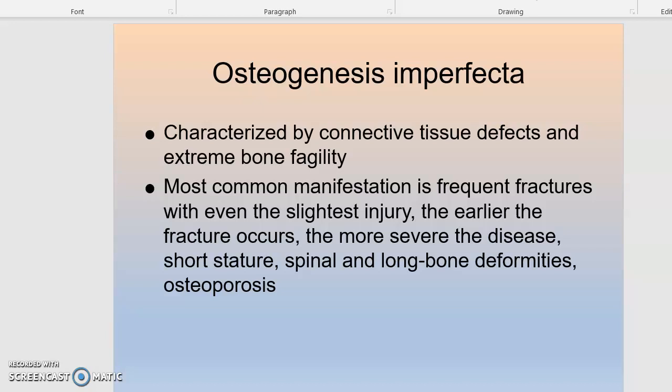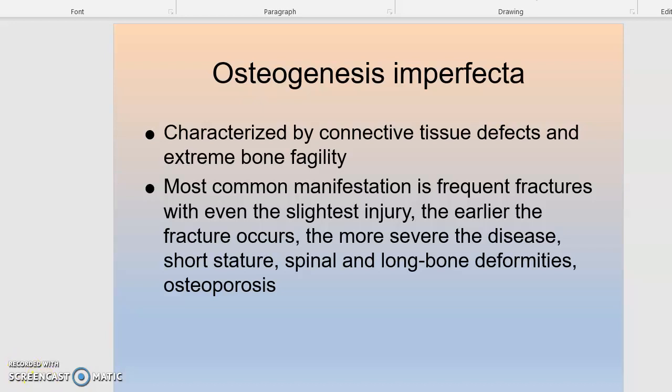Infants with type 2 usually die during the perinatal period or early infancy. Older children need gentle handling and movement, injury prevention, nutritional management, and enhanced family and child coping with a chronic condition. IV bisphosphonate may increase bone density, so that might be a medication used.